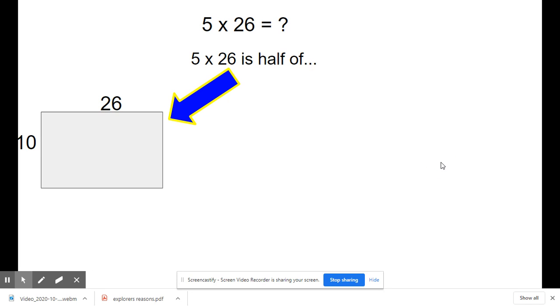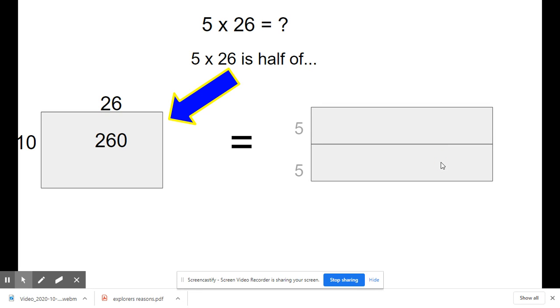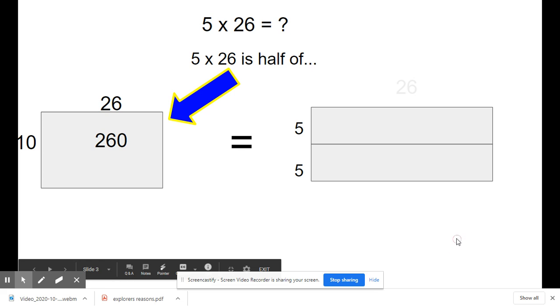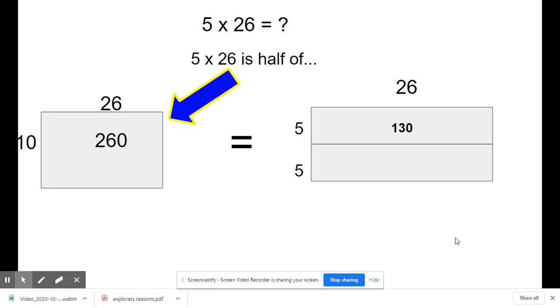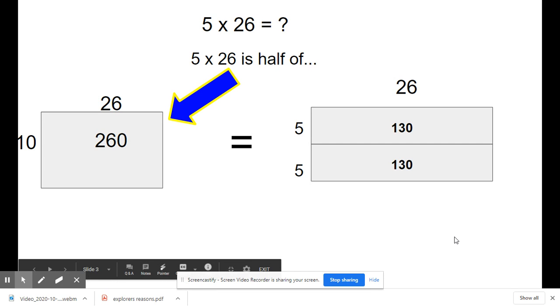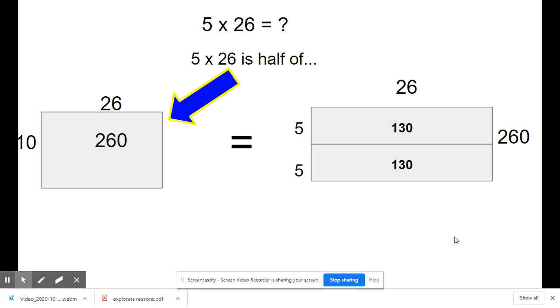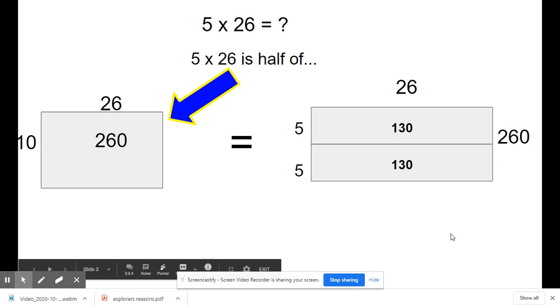Here we have an array, which is 260, which also equals 2 sets of 5 times 26, which each of those sets equals 130, totaling 260.